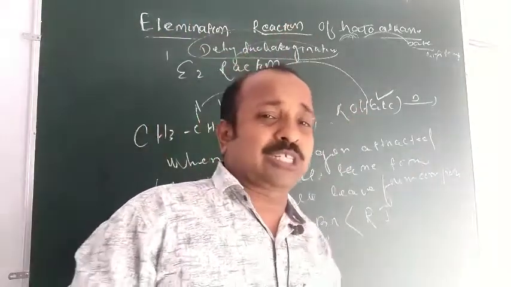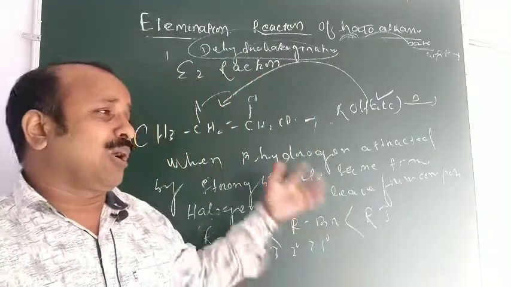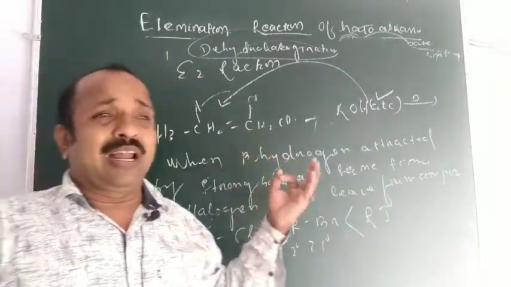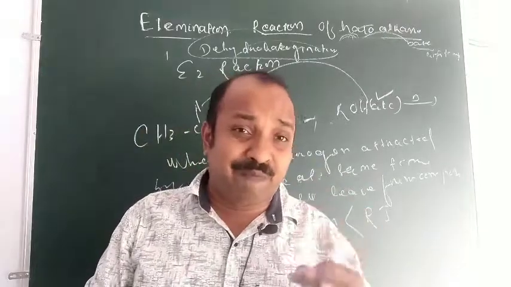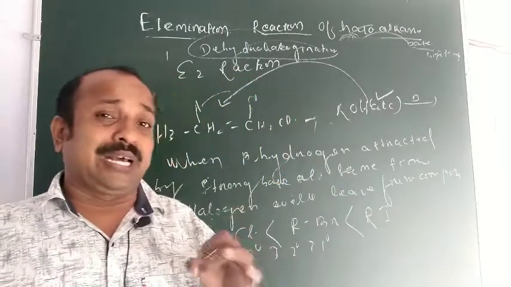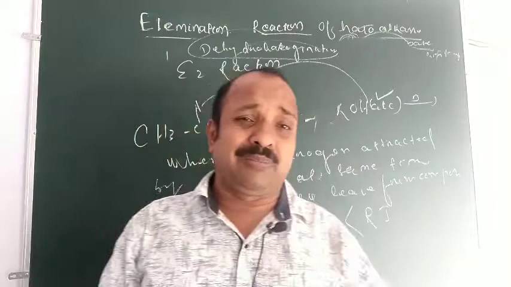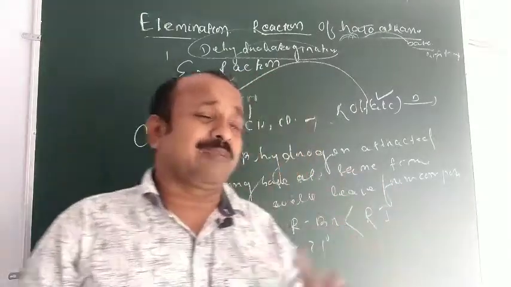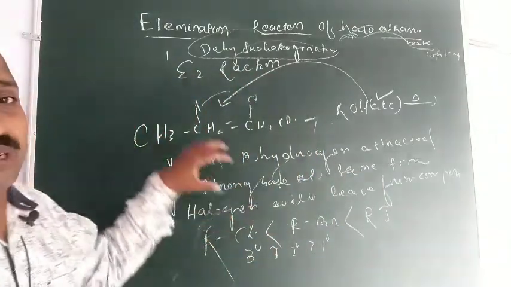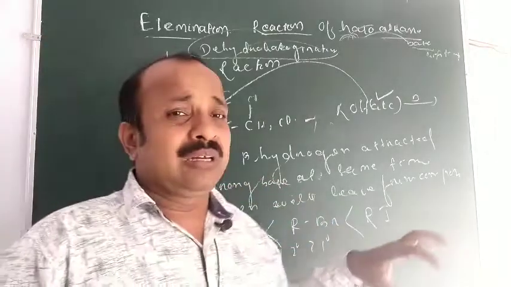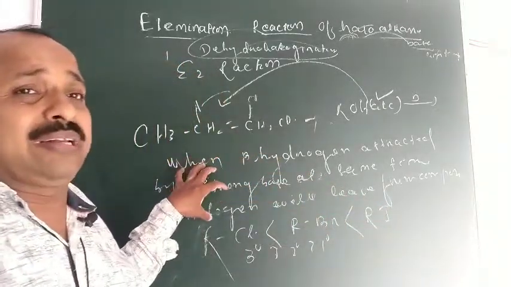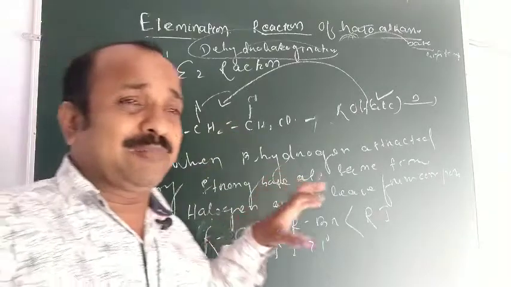This is the most important part of haloalkanes for class 12 and every type of competitive exam, IIT, all types of competitive exams. This is the most important part of haloalkanes. Okay, this is the elimination reaction.